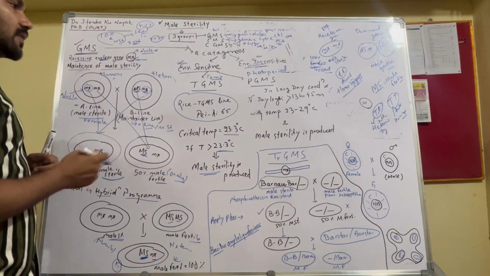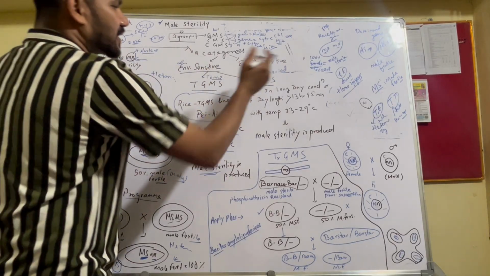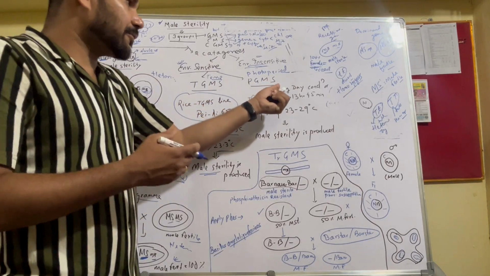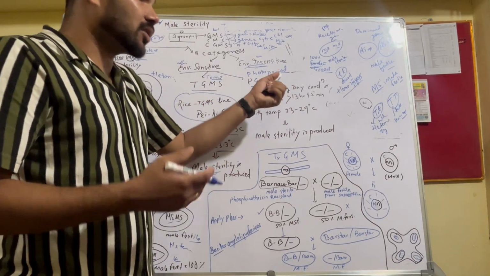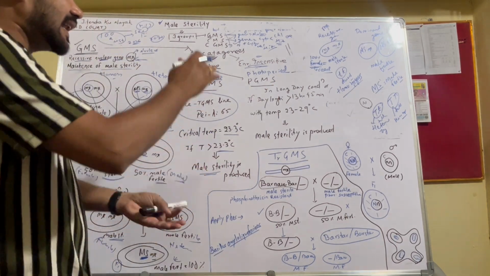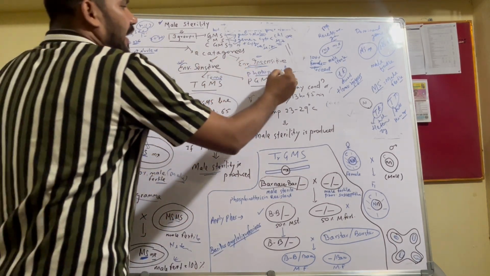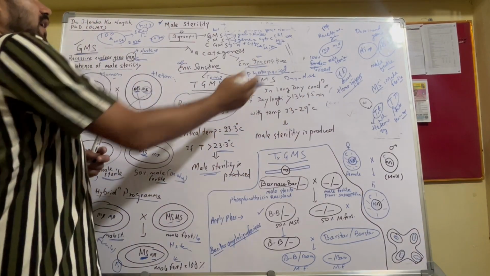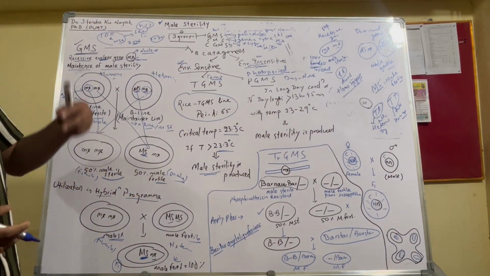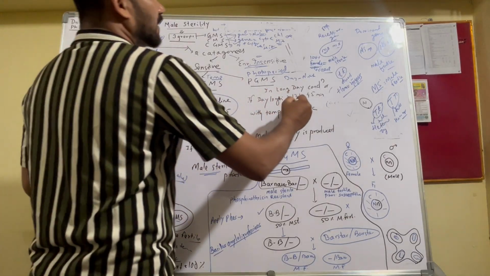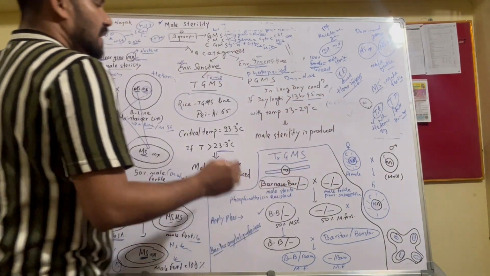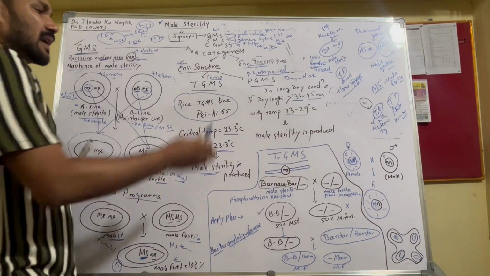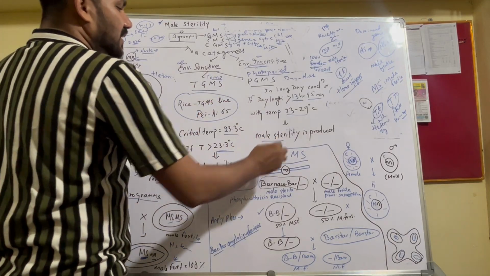PAI65. Coming to photoperiod sensitive, photoperiod means day and night length. In long day condition, if your day length becomes greater than 13 hours 45 minutes and the temperature is 23 to 29 degrees centigrade, my plants will become male sterile.